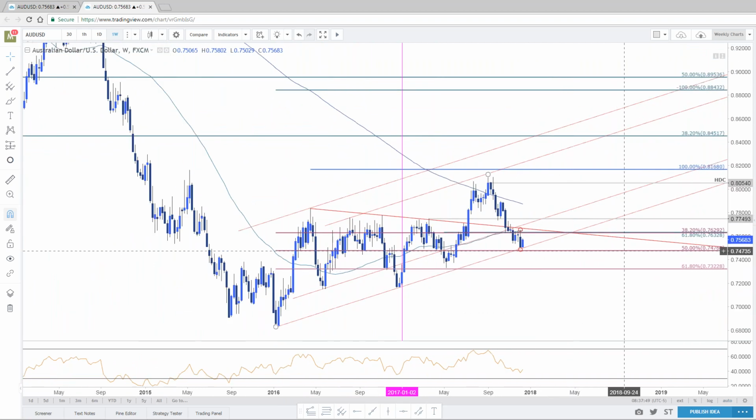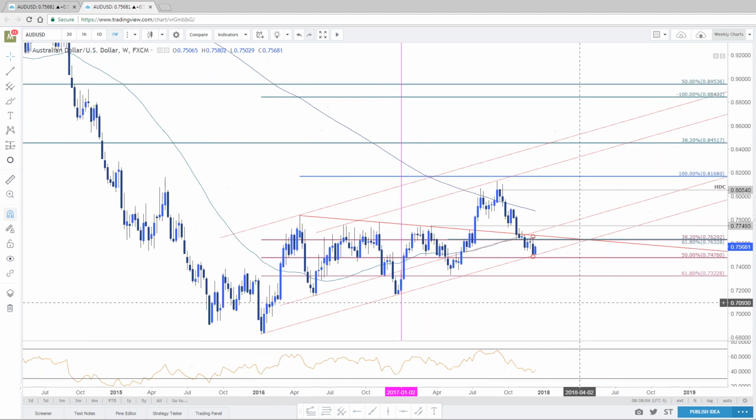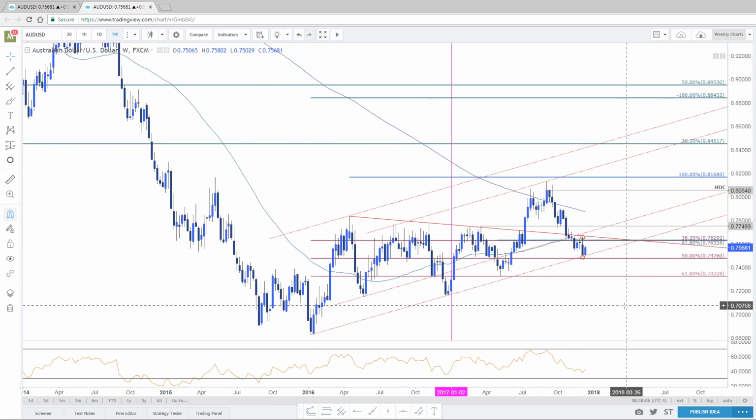That's the basic 50% retracement of the entire advance from last year's low. So, ideally, going into NFPs, I was looking for one last drop into that region. We didn't get it, right? So it's kind of no guts, no glory on this one. I just wanted to be in the position.